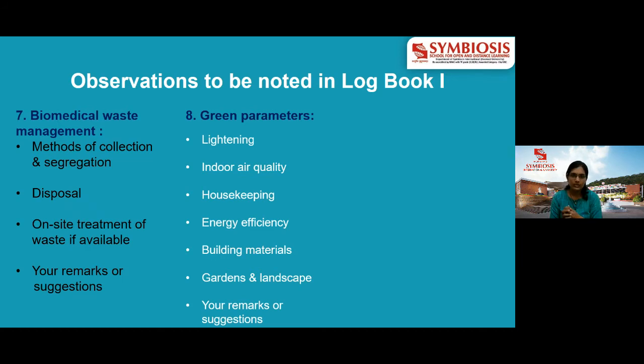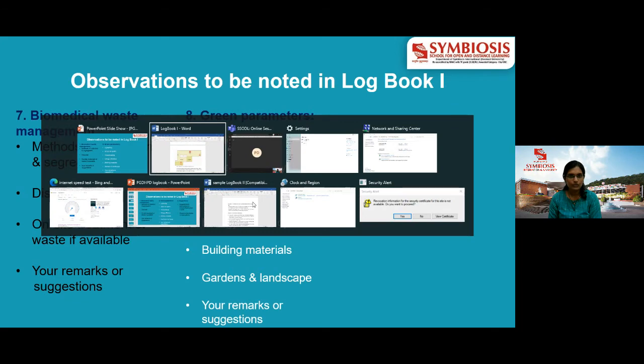So how is the housekeeping facility available? Then energy efficiency, for energy efficiency, if the LED bulbs are used all over the project, or any specific mechanism they are using, say for, just a second, I will show you here.